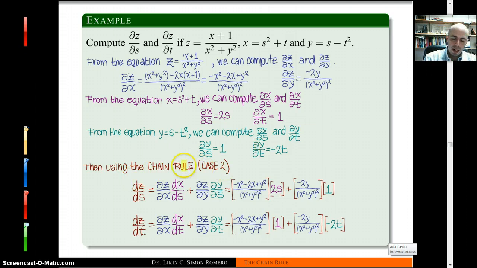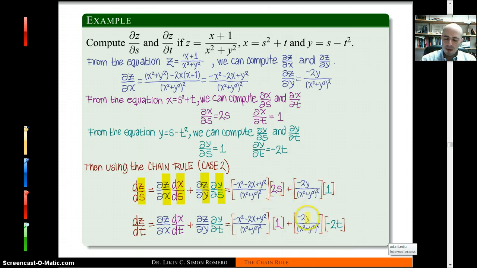Well, using the chain rule case 2, how much c depends on s is how much c depends on x times how much x depends on s, plus how much c depends on y times how much y depends on s. And the same for t. So we just need to plug in the corresponding expressions.